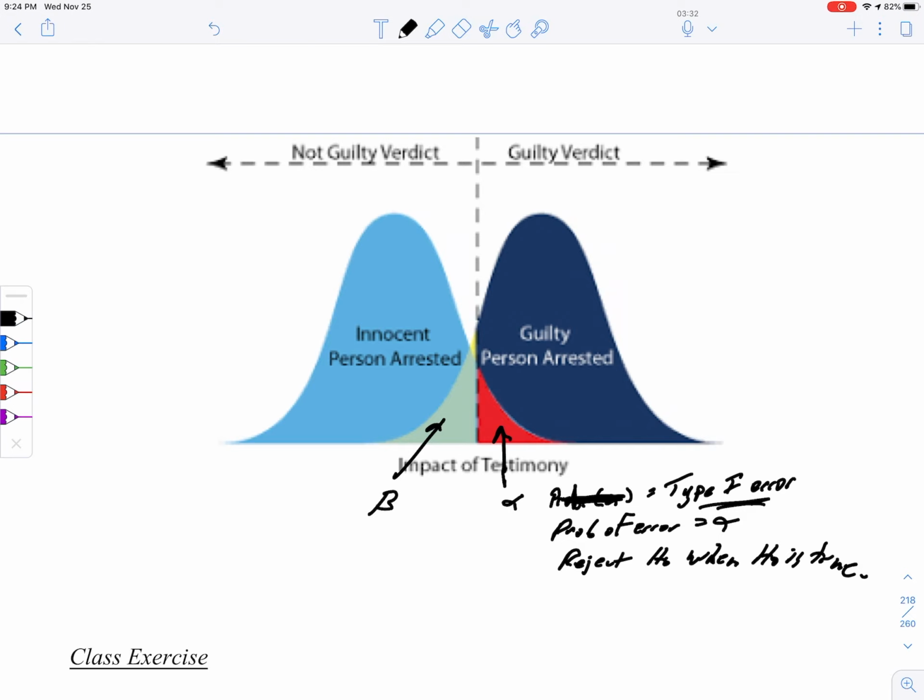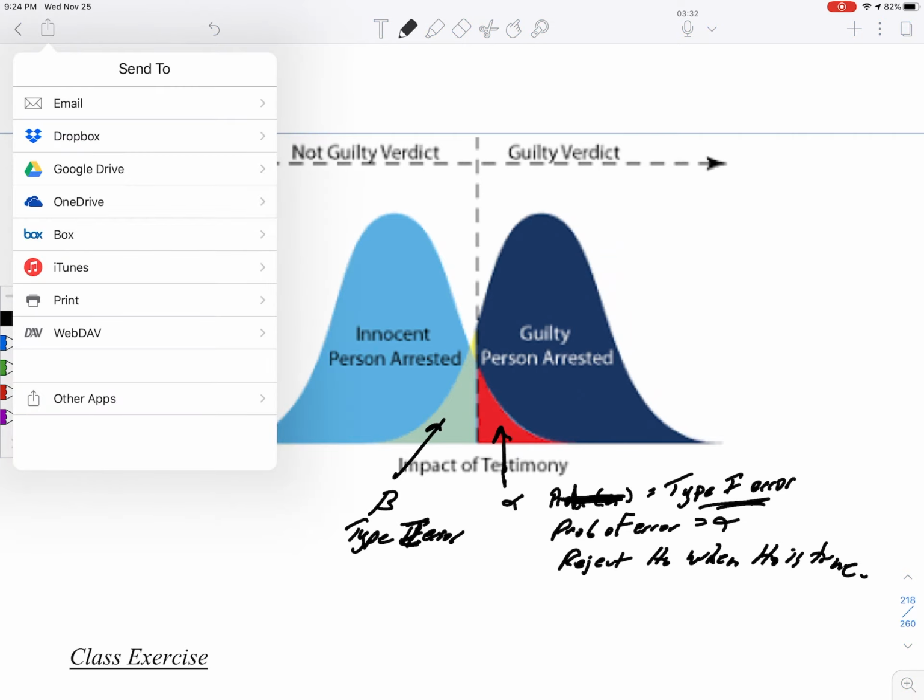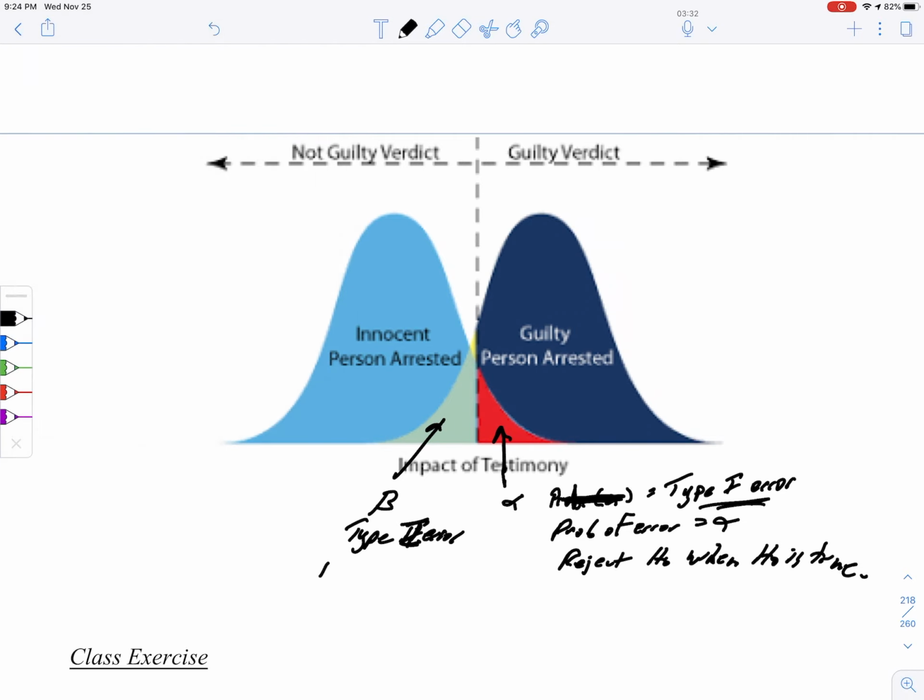We've made an error. On the other hand, this area here is what we call beta. This is a type 2 error. A type 2 error, the probability is equal to beta, occurs when we do not reject H0, when H0 is not true, when it's false.